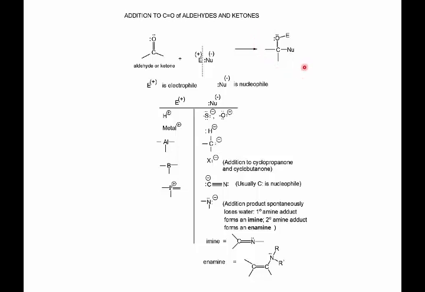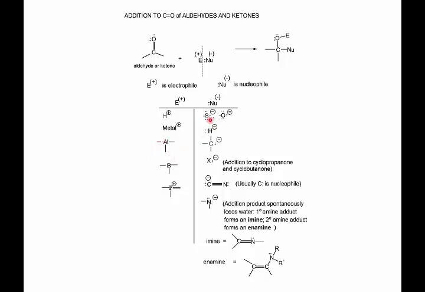Now, that's just the general addition product that forms. The chart here is helpful in that it assists one in finding the electrophile and the nucleophile. On the electrophile side, you can see we have some representative electrophiles, hydrogen ion, metal plus. These down here we'll get to later on.